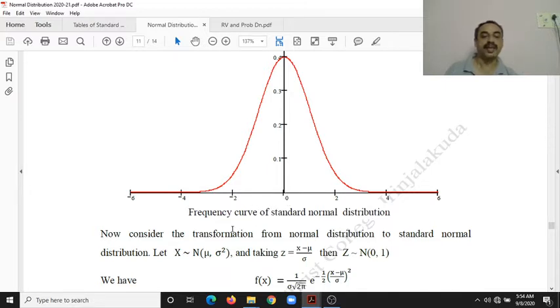If x follows N(mu, sigma square), then z equals x minus mu by sigma follows N(0,1). That means a normal distribution with mean mu and variance sigma square can be transformed to standard normal distribution using the transformation z equals x minus mu by sigma.